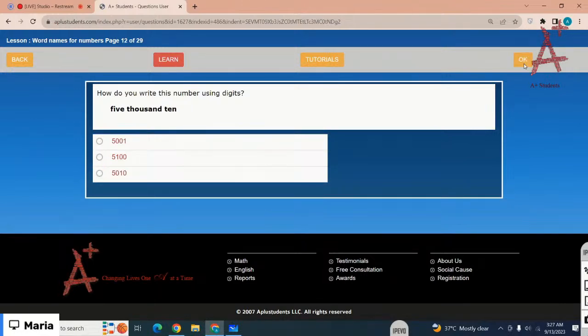How do you write this number using digits? 5,010. So, which is the correct option? Yes, that is the last one, 5,010.